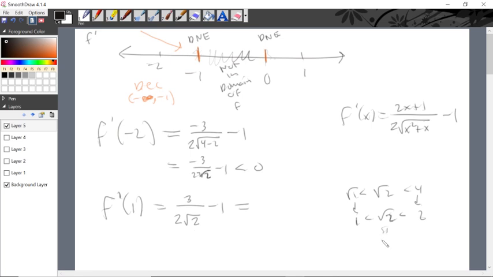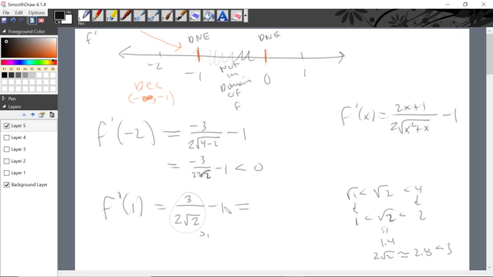If the square root of 2 is approximately 1.4, then 2 times the square root of 2 is approximately going to be around 2.8, but it's certainly less than 3 because the square root of 2 is less than 1.5. So if this is less than 3, then this fraction is 3 over a number less than 3, that is greater than 1.